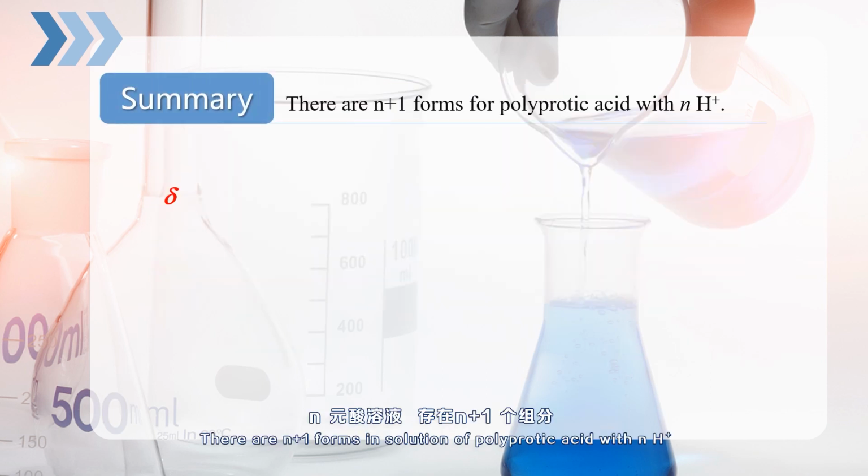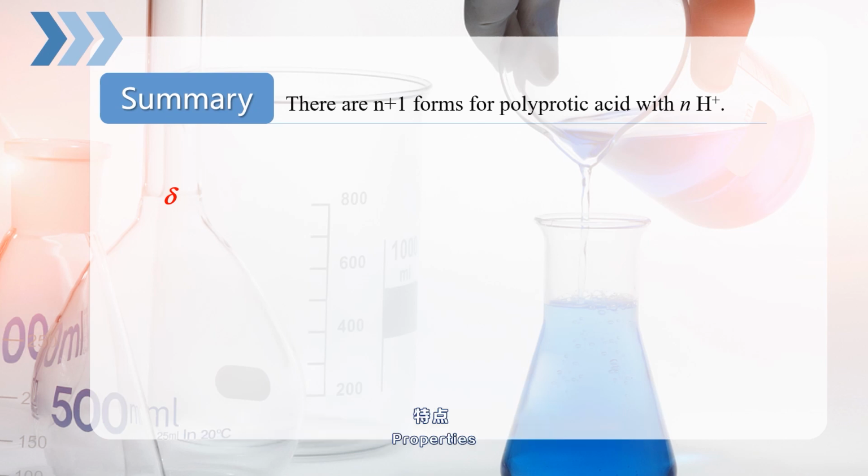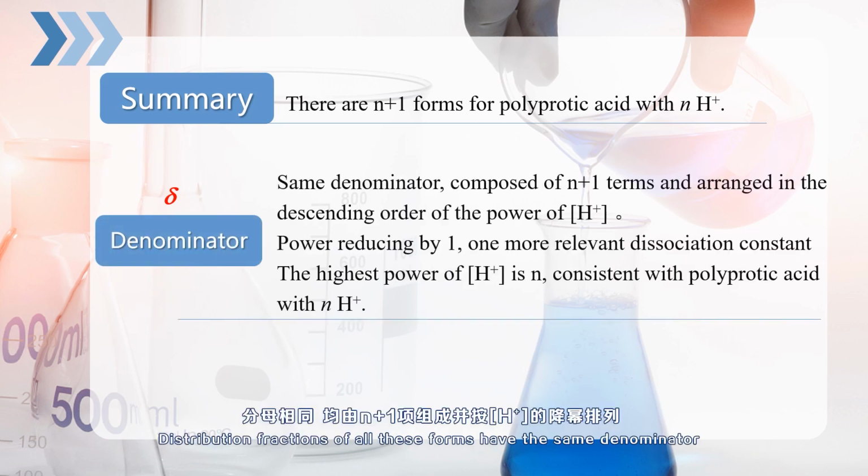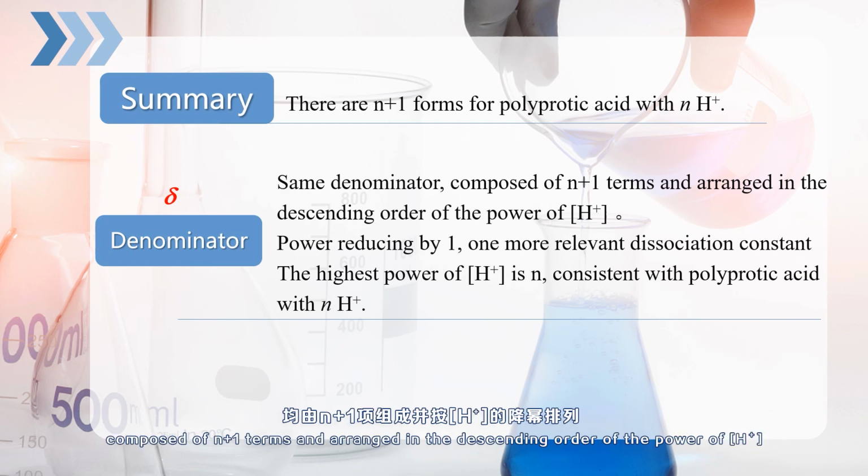Summary: there are N+1 forms in solution of polyprotic acid with N hydrogen ions. Properties: distribution fractions of all these forms have the same denominator, composed of N+1 terms and arranged in the descending order of the power of hydrogen ion.